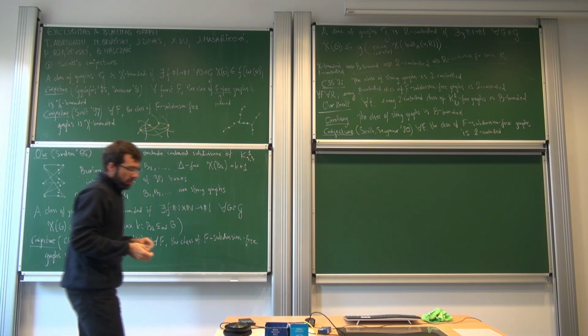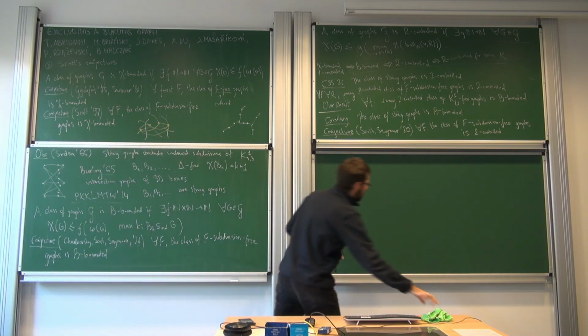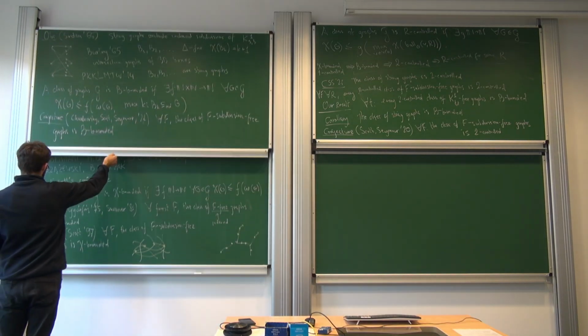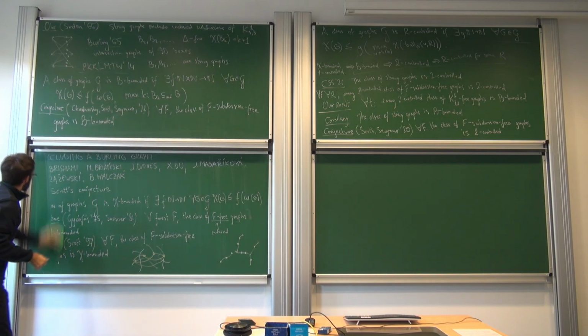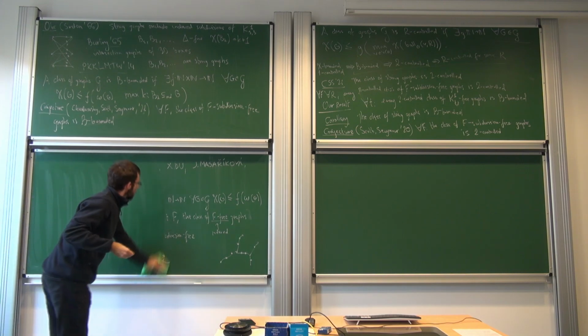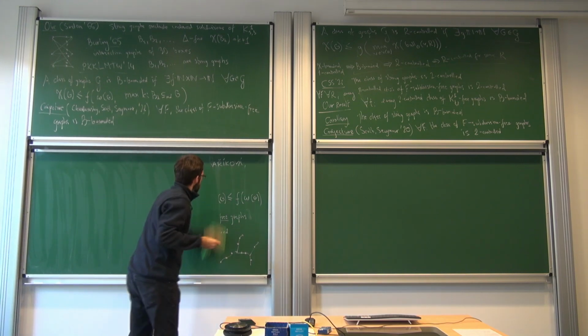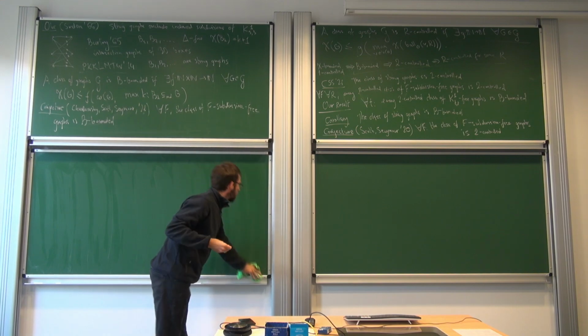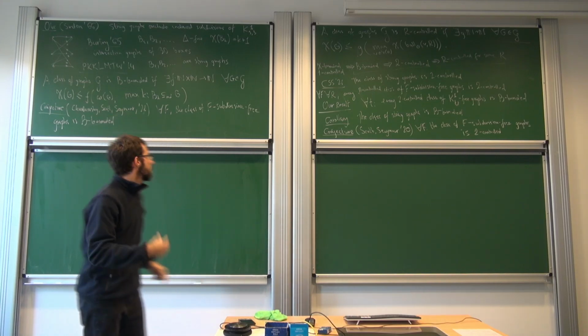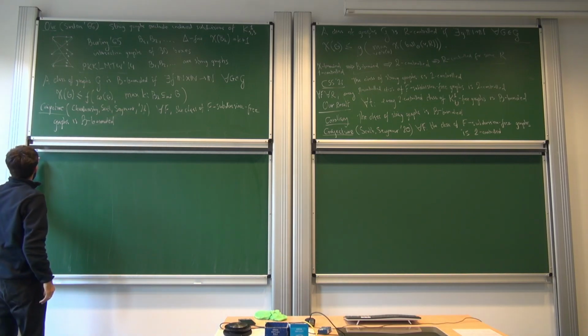Okay, so let me proceed with the second part of my talk. Maybe I will make some space erasing this. I want to tell you more about Burling graphs specifically, how I define them and how we can define them in other ways.